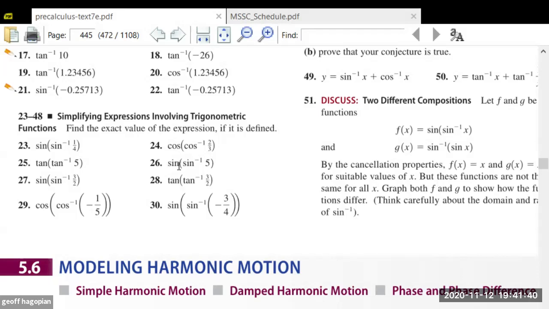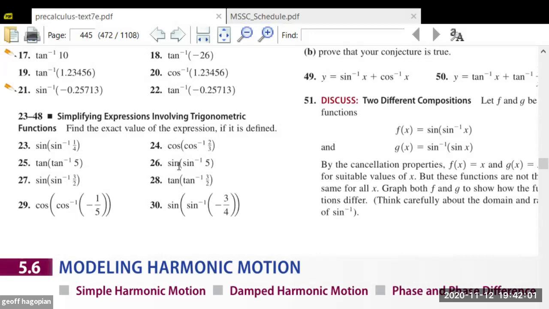What is the point that you're asking me? How about, what happens if you take the sine of the arc that takes you to a sine of 5 on the unit circle? Well, there is no such thing.